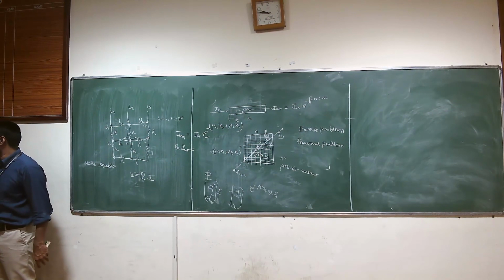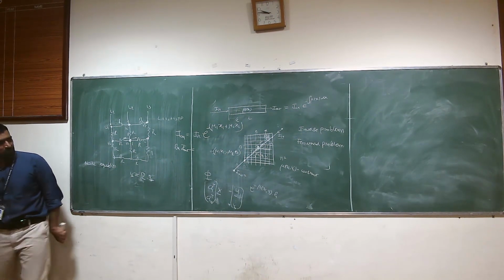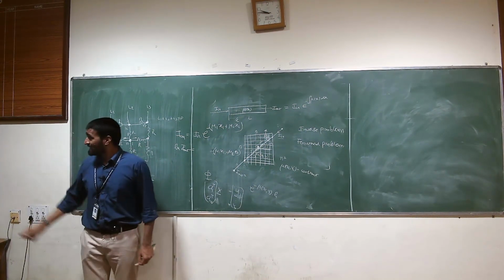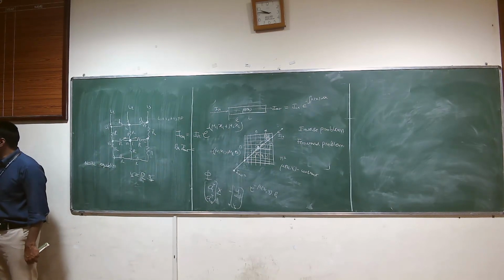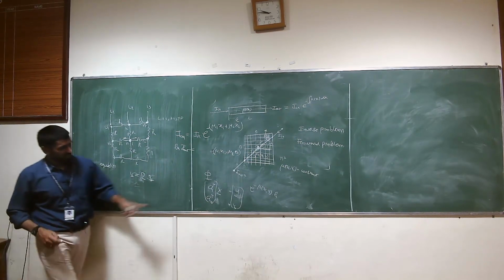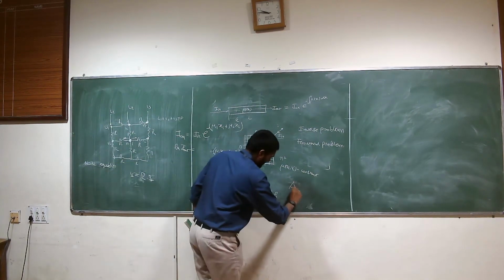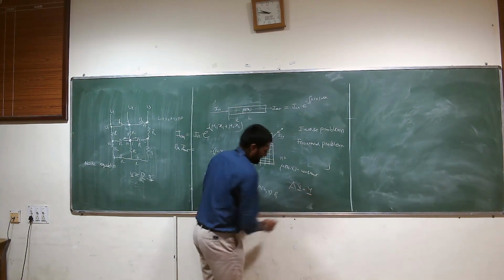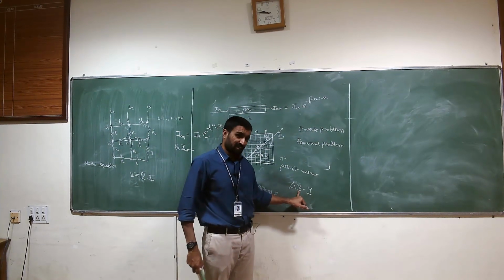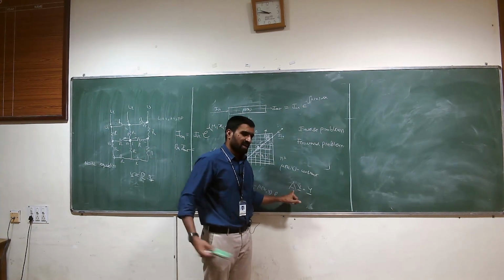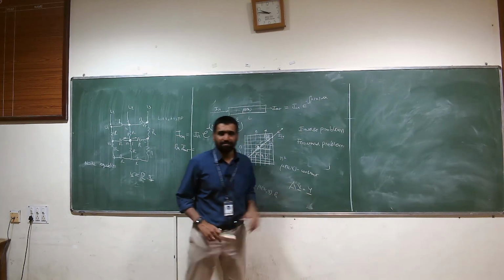If it's gray, then it's 0.5. Now the question is, how would you go about expressing this in the form Ax equals y? These are your measurements. x is the set of attenuation coefficients of your body. A depends on the geometry of your problem.